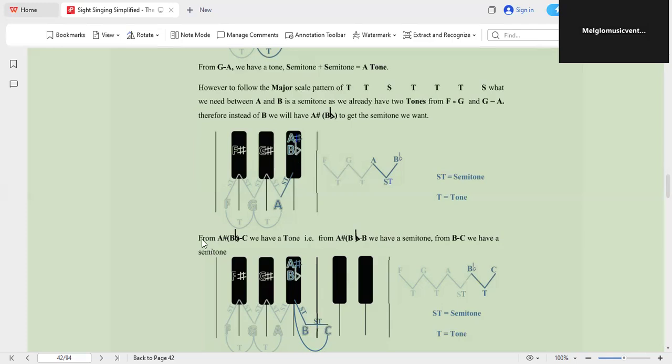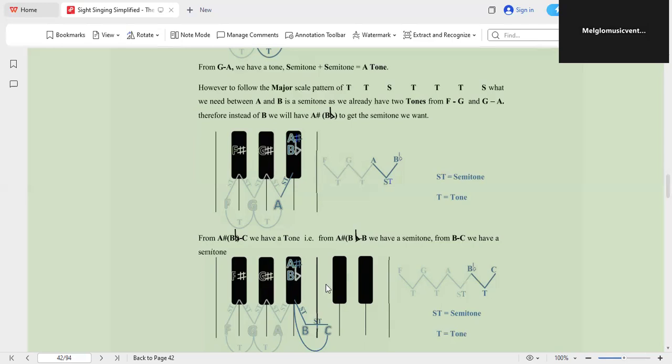And from B flat to C, we need a tone. We are not on B yet; it's B flat because of our previous semitone. So from B flat to C, we have a tone: B flat to B, a semitone, and from B to C, a semitone.